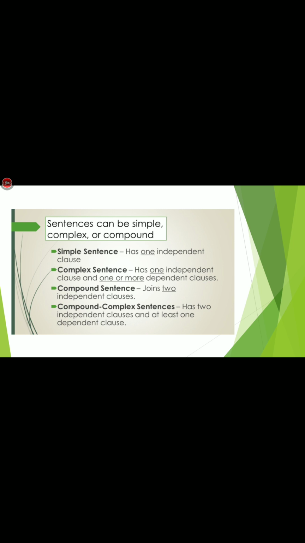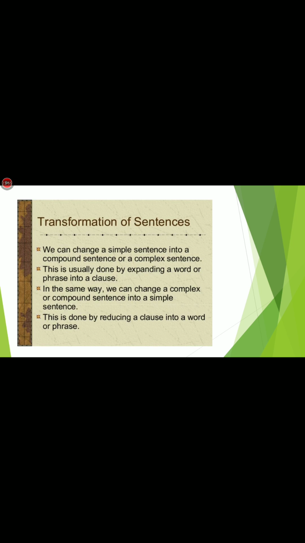A compound complex sentence has two independent clauses and at least one dependent clause. So this is a mixture of compound and complex sentences. Now how can we transform? We can change a simple sentence into a compound sentence or a complex sentence.